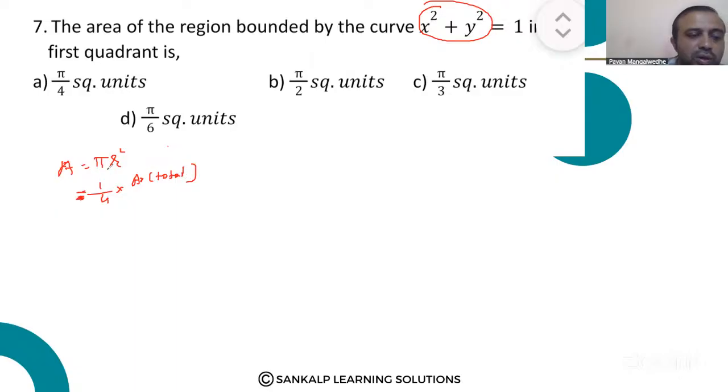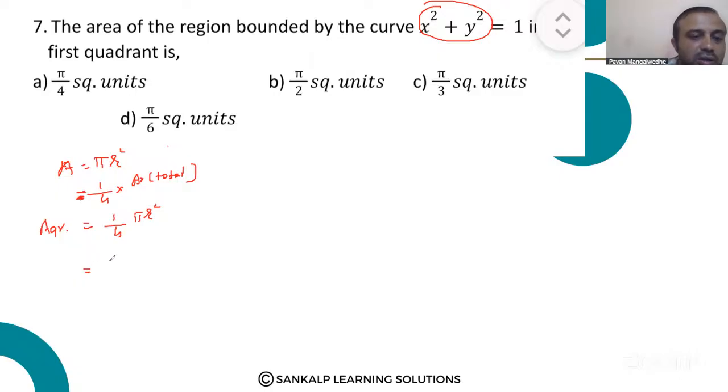So the area of the quadrant, I'll write it as AQ, is 1 by 4 into the area of the total, that is 1 by 4 pi r square. We already know that r equals 1 from the standard form of the equation.